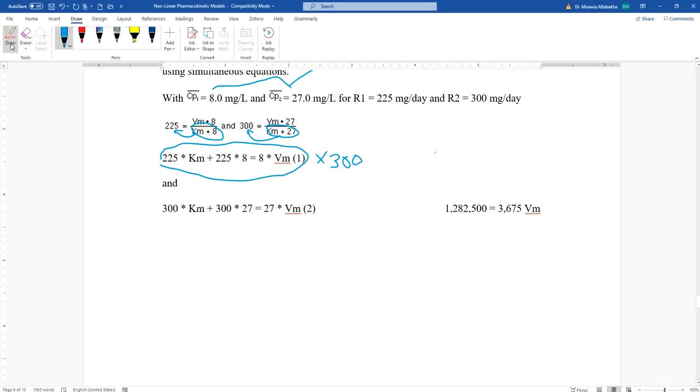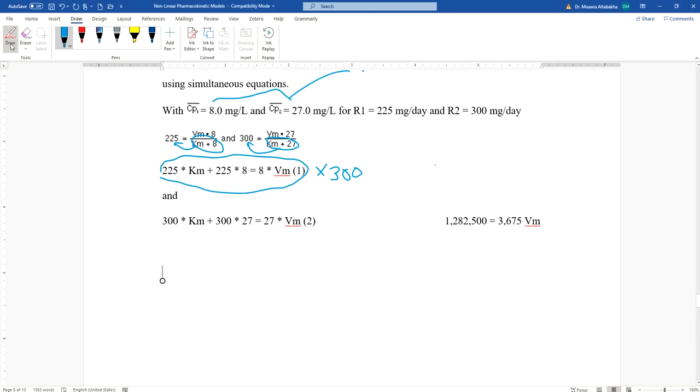So now I have 225 Km plus 1,800 is equal to 8 VM. So VM is equal to what? Now you need to divide this one here and here.